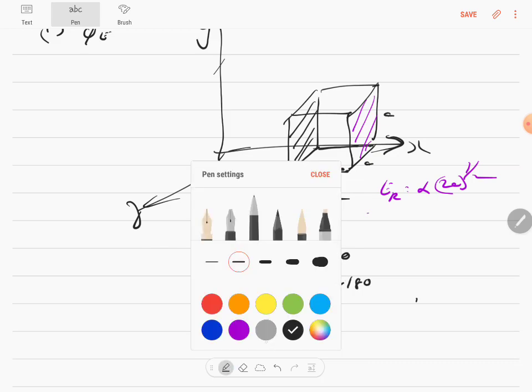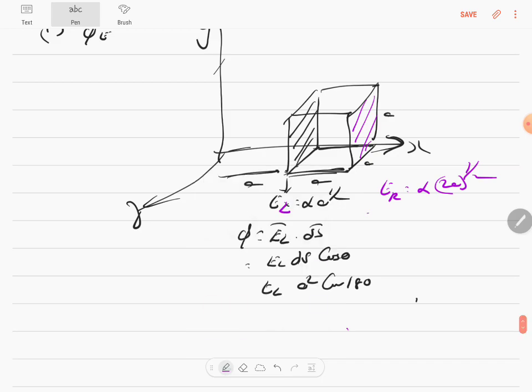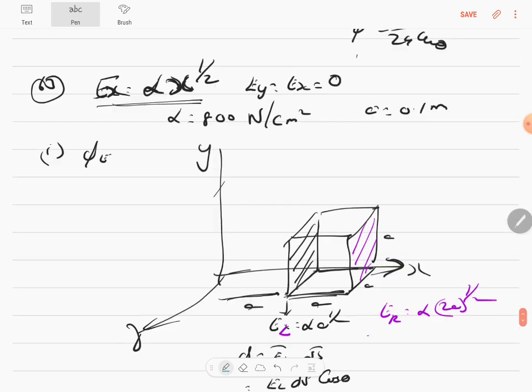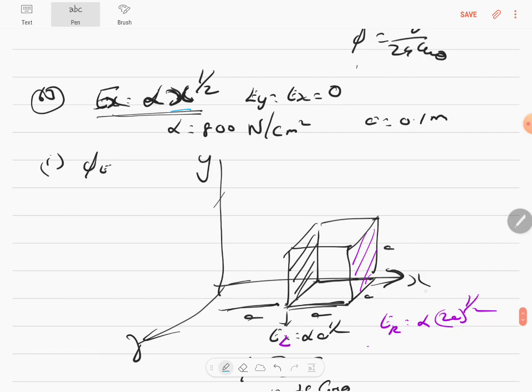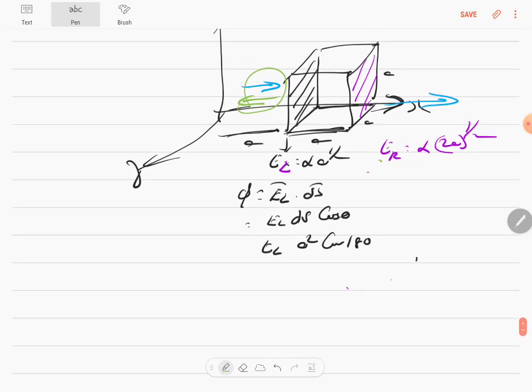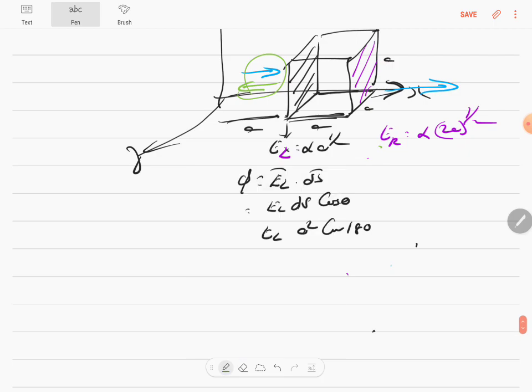Why is it 180? The electric field's direction they've given is along x-axis, which is like this. So if the electric field's direction is like this, the area vector of the left face is going to be like this. The angle between them being 180, and cos 180 is minus 1. So you will get minus EL A square.